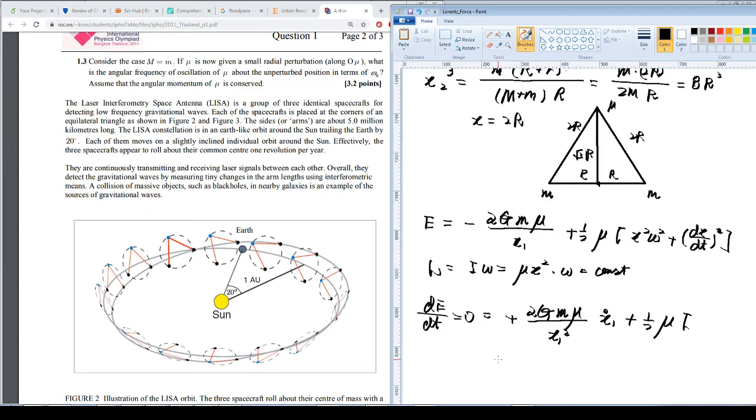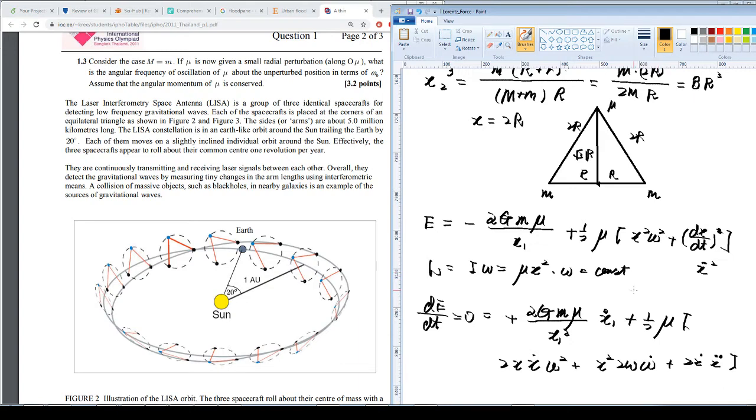Here both x and omega are changing, so we have to use product rule: 2x x dot omega squared plus x squared 2 omega omega dot, and we will write that x dot squared plus 2x dot x double dot.